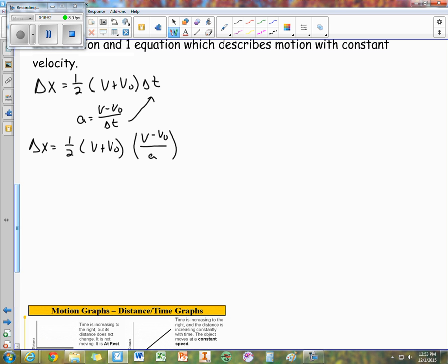And then, doing a little bit of algebra, got a binomial here. Hopefully you can see that we would get that right here.